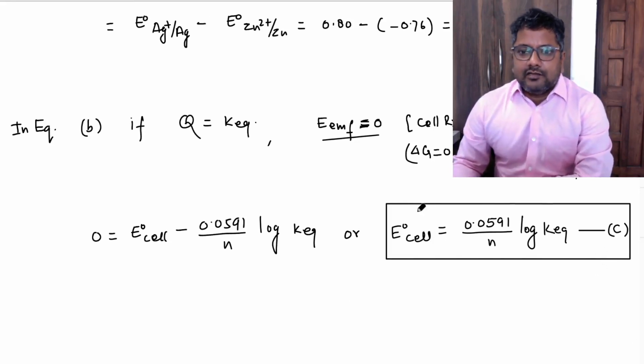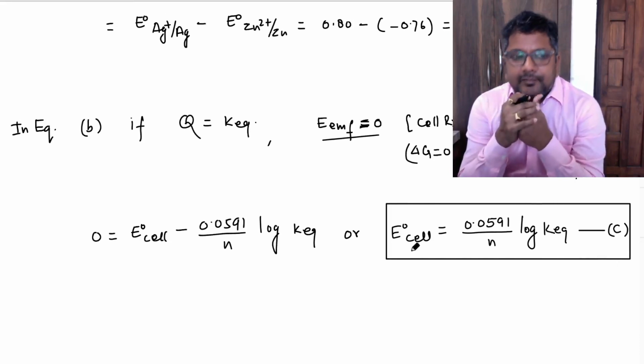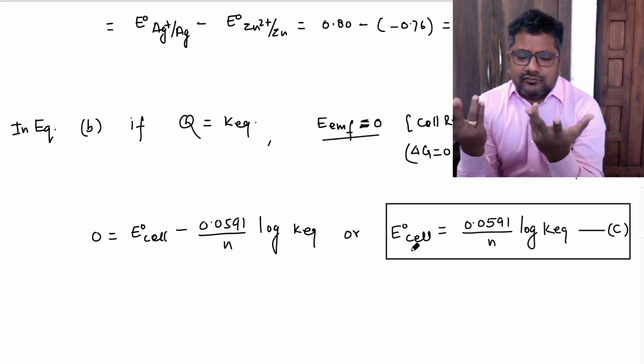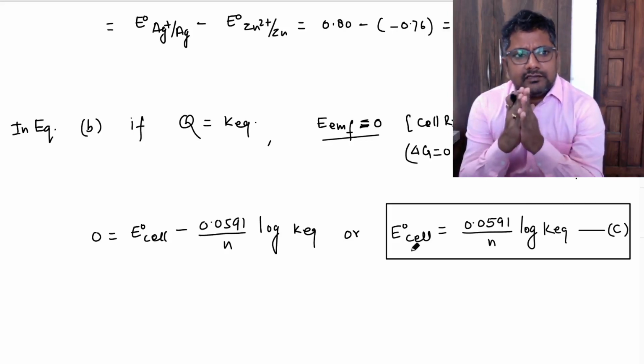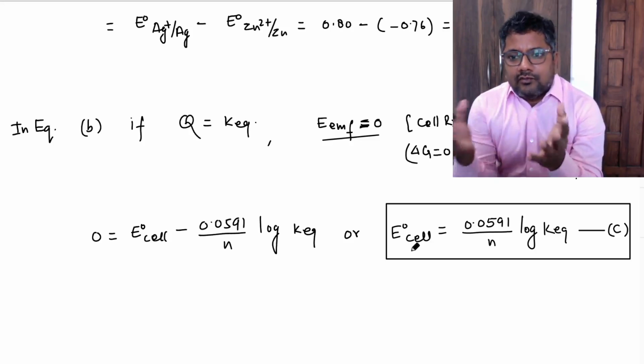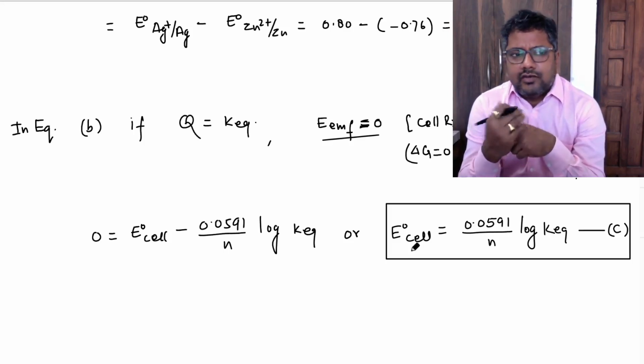Now you have two methods to calculate E naught cell for any complete cell or any half cell. Means the standard electrode potential of any particular electrode or the standard potential of the cell you can calculate in this way also, if the magnitude of the equilibrium constant is given. Then you can very easily calculate.